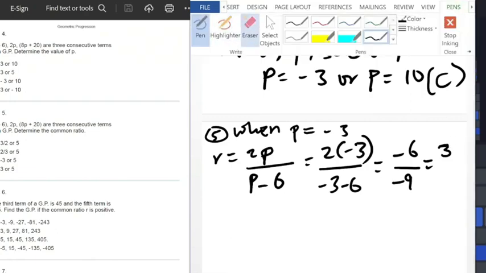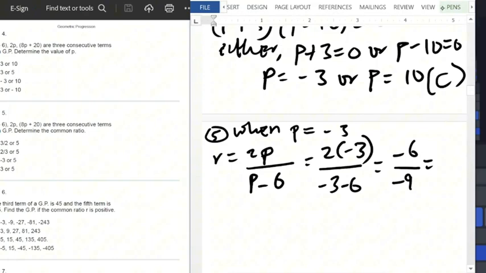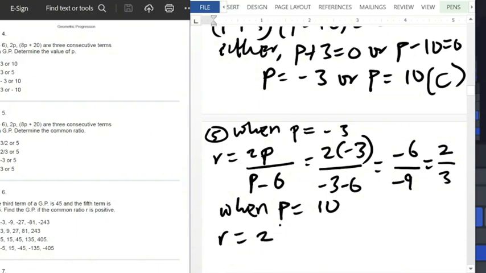So the first answer is 2 over 3. Then common ratio, when P is what? When P is 10. So we have common ratio equal to 2 into 10 all over 10 minus 6.